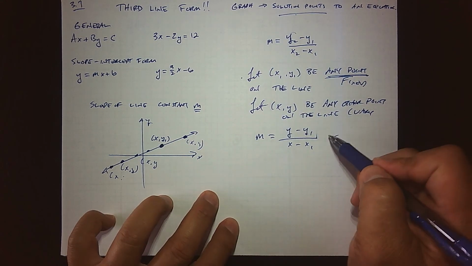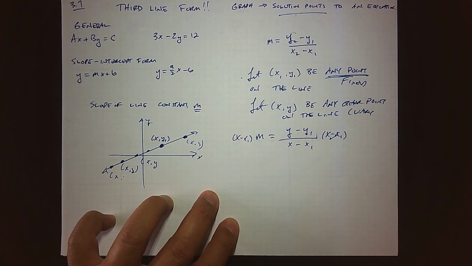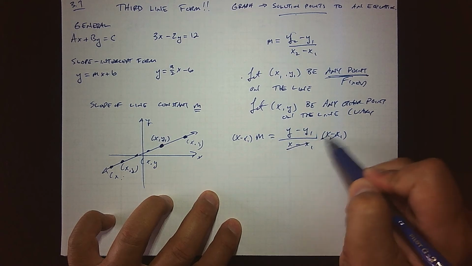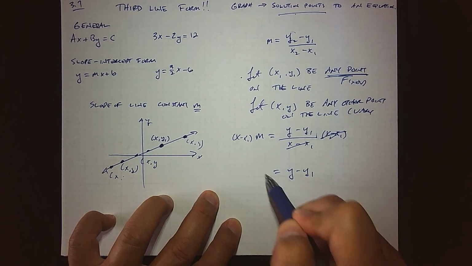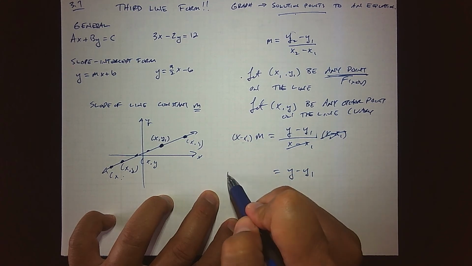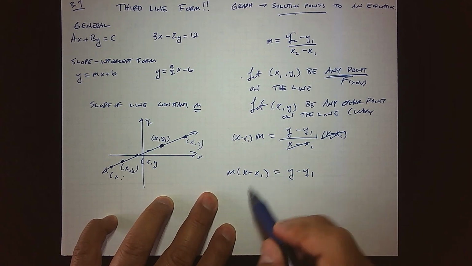So what we're going to do is clear the fraction by multiplying both sides by x minus x1. And as we've seen over here, that'll cancel out, and we're going to be left with y minus y1. Let me use the commutative property there to rewrite that. And one more thing, equality goes either way.